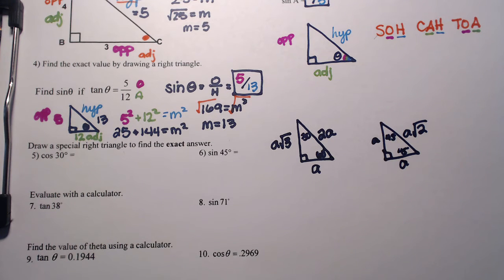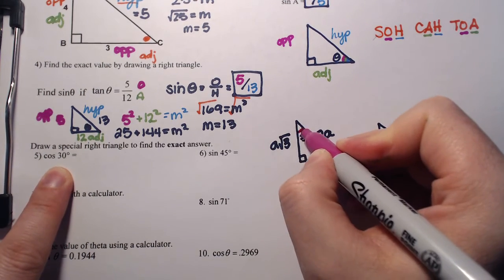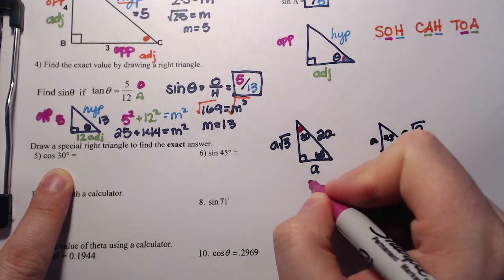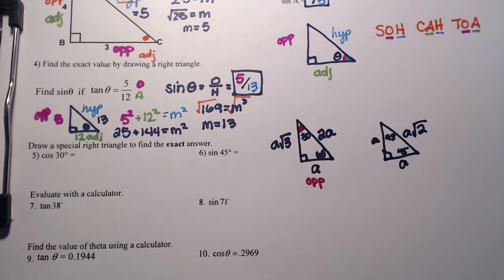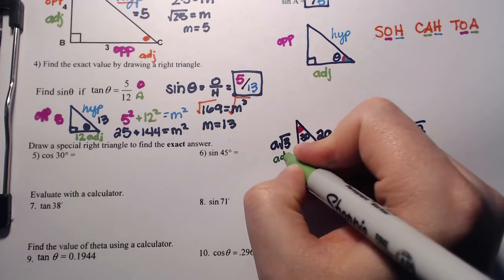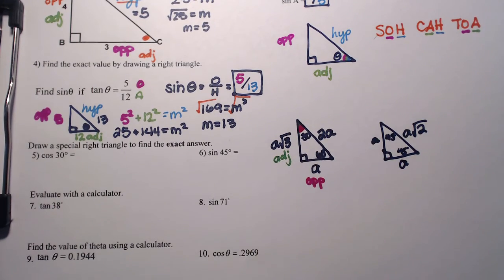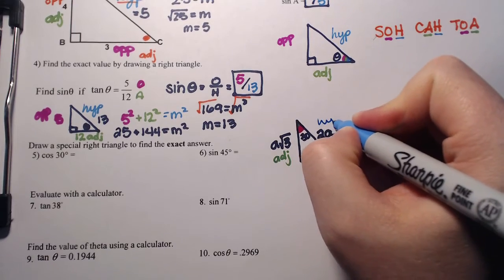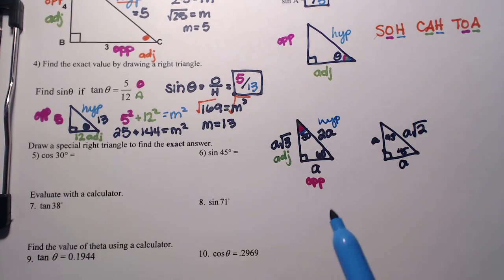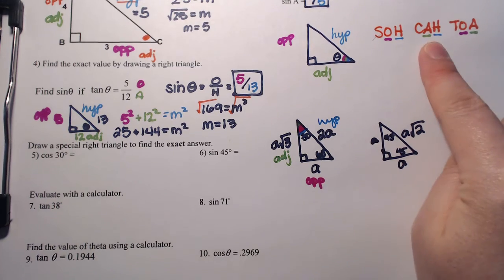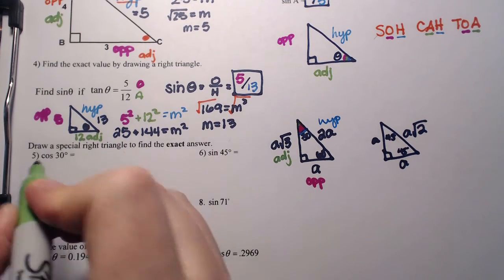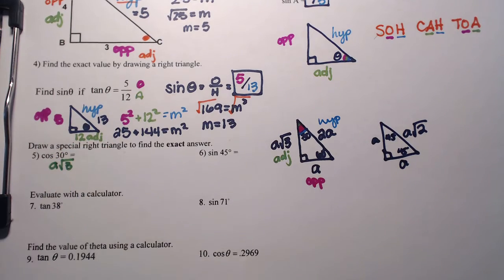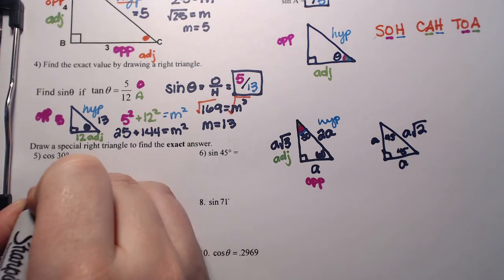So if I say cosine of 30 degrees, I'm looking at the 30-degree angle. Now in relation to that angle, this is the opposite side. This is the adjacent side. And this is the hypotenuse. It doesn't matter that I have these unknown variables right here, the a's, because what I do know is that cosine is adjacent, so a square root of 3, divided by hypotenuse.